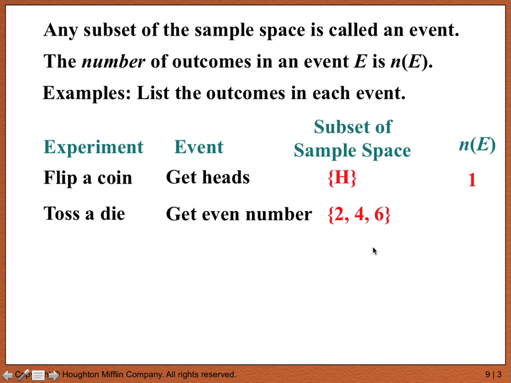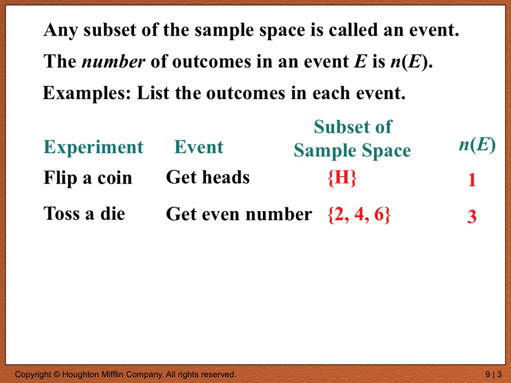These are the only even numbers within the sample space. And the number of outcomes in that subset is 3. So we toss a die. The event is getting an even number. That's a subset of the sample space consisting of 2, 4, 6. And the number of different outcomes in that subset is 3.